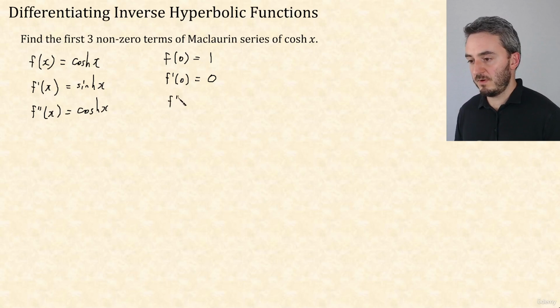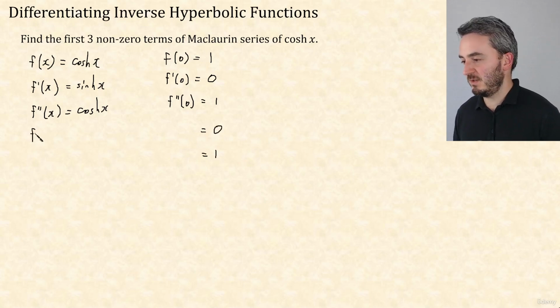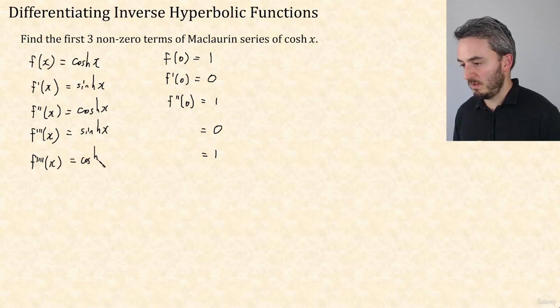And this makes it very, very easy to find our terms because it's just going 1, 0, 1, 0, 1. Now, just for completeness, let's spell this out. The third derivative is sinh. The fourth derivative is cosh.